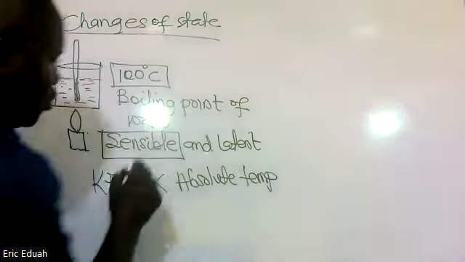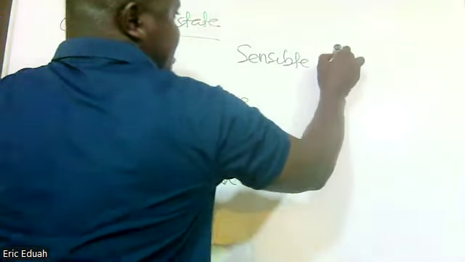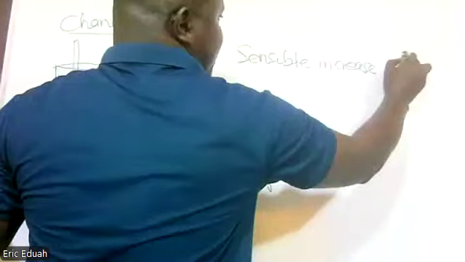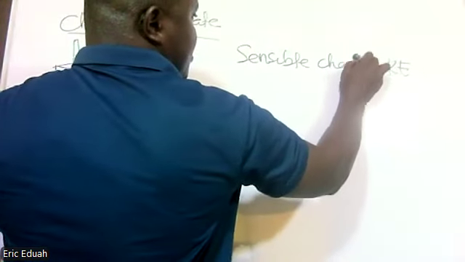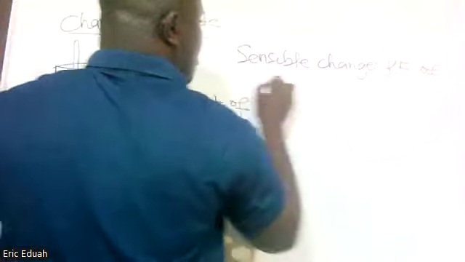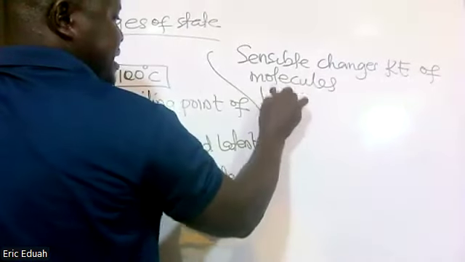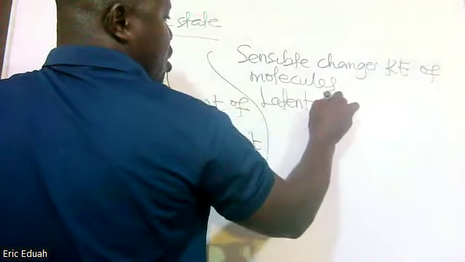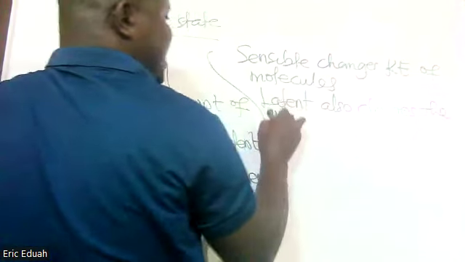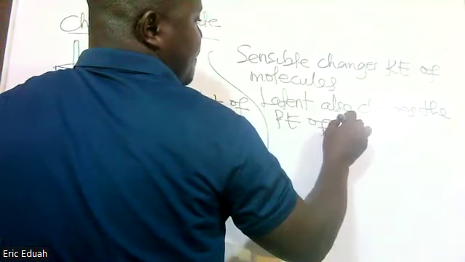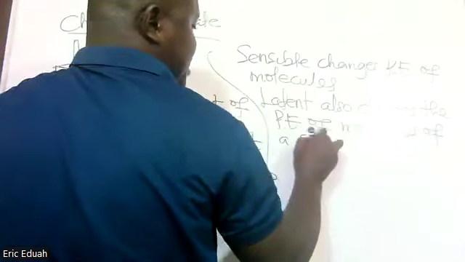So, whereas sensible heat changes the KE of molecules, latent heat changes the potential energy of molecules of a substance.